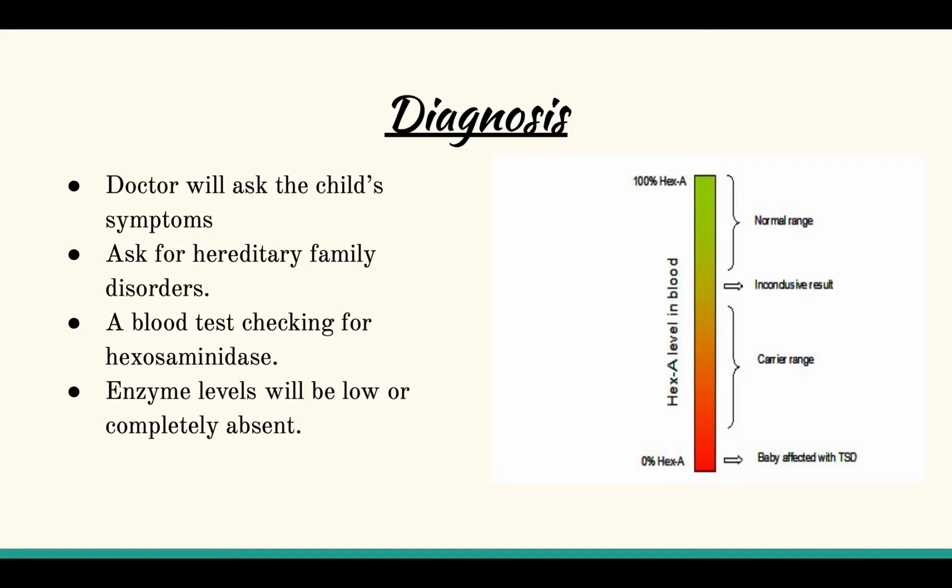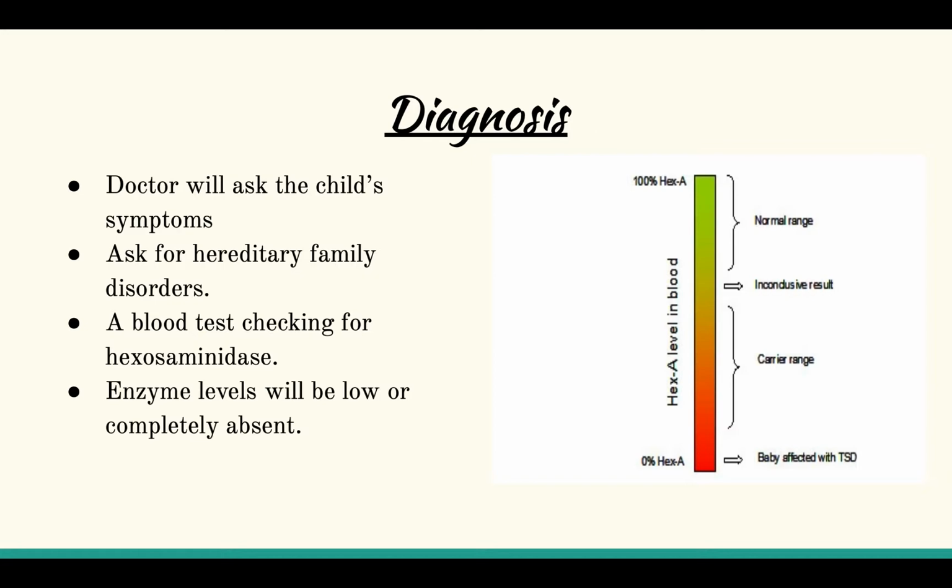So if the parents are aware of anything at all, not just Tay Sachs, if they're aware of any sort of diseases that their parents may have, their grandparents, anything that seems to be repetitive in their family history with diseases.